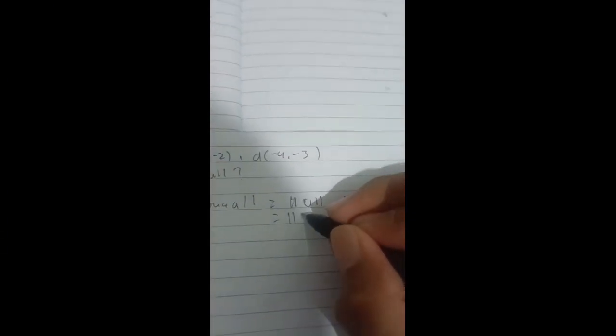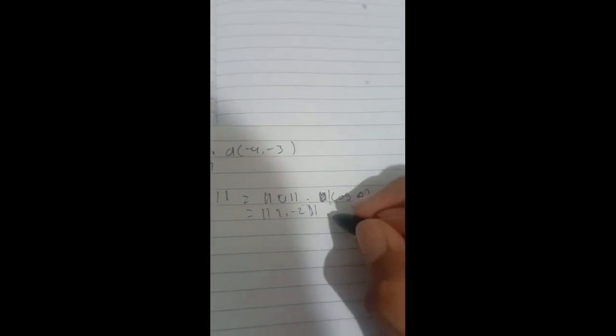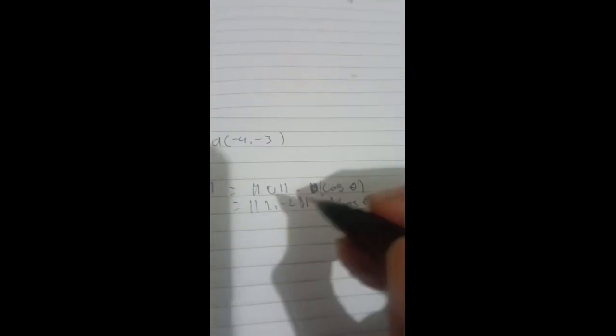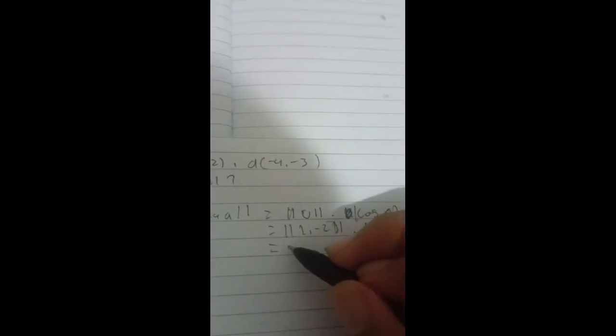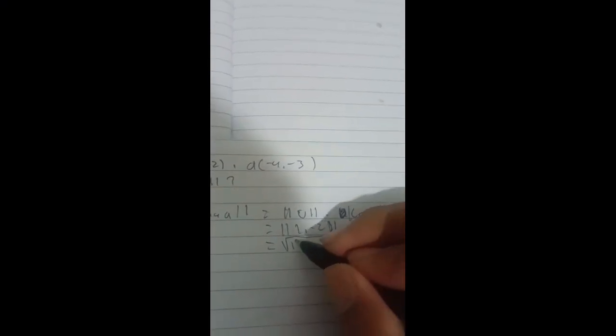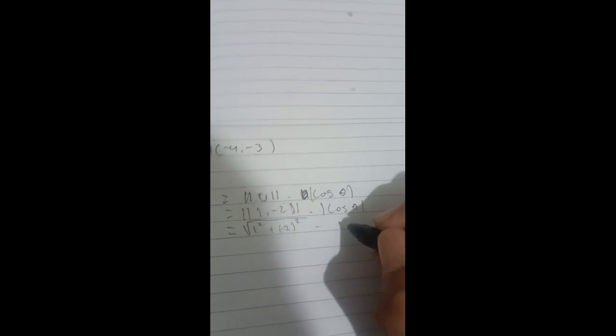Then we get the square root of 1 plus (-2) power 2, multiplied by cos theta.